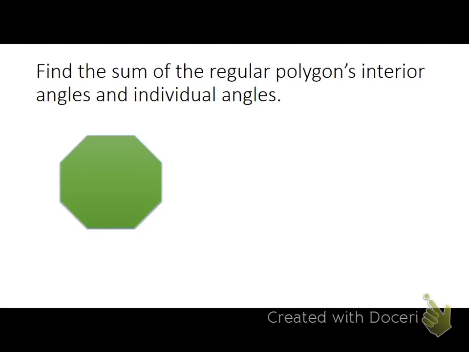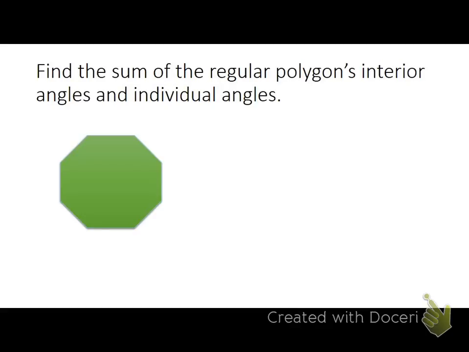Find the sum of the polygon's interior angles and individual angles. That's it. That's all you get. Now, the formula that was on the board for your quiz Monday for this is not going to be there tomorrow. You must know that you have to use this formula and have the formula memorized. So go ahead and use your formula.